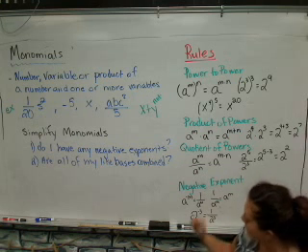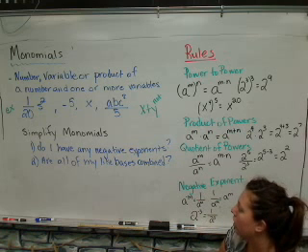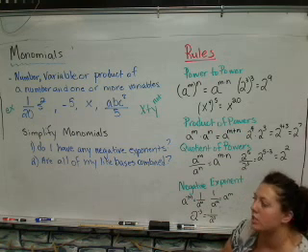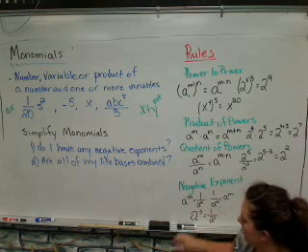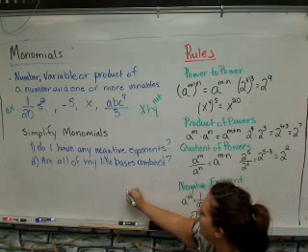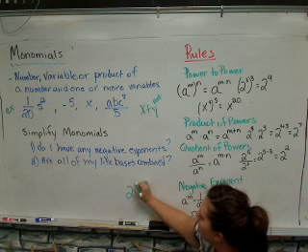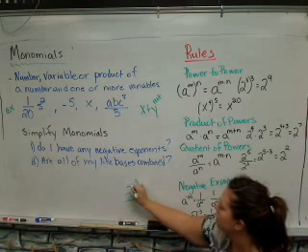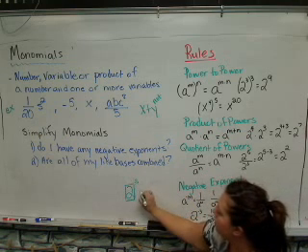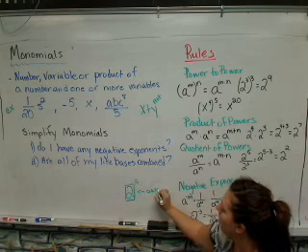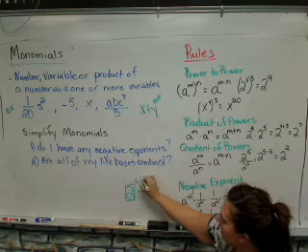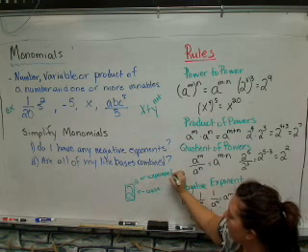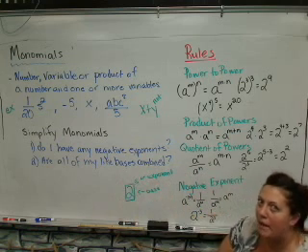Okay, and if you remember when we talk about exponents and powers, if you have a power, 2 written to the third power, the base is this, that's considered the base, and the 3 is considered the exponent, and this whole piece is considered a power.